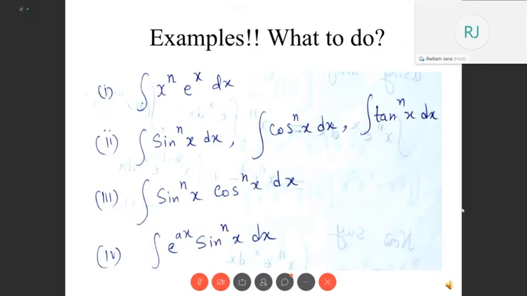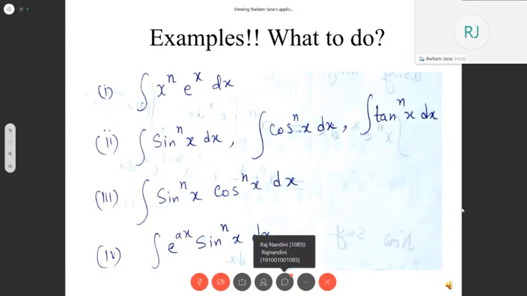Consider this as f of x comma n, and you can see that this integrand depends on the variable x as well as the integer parameter small n.